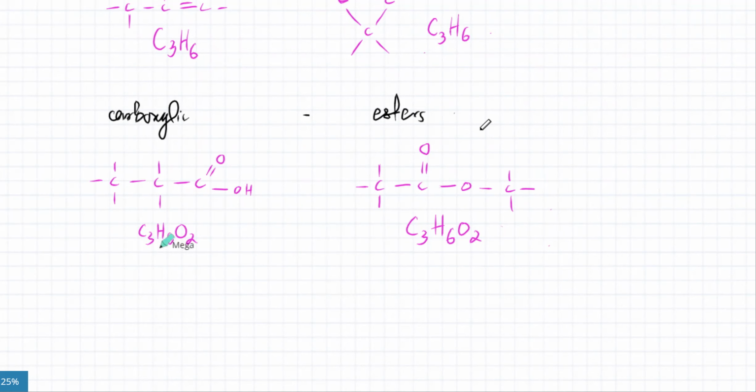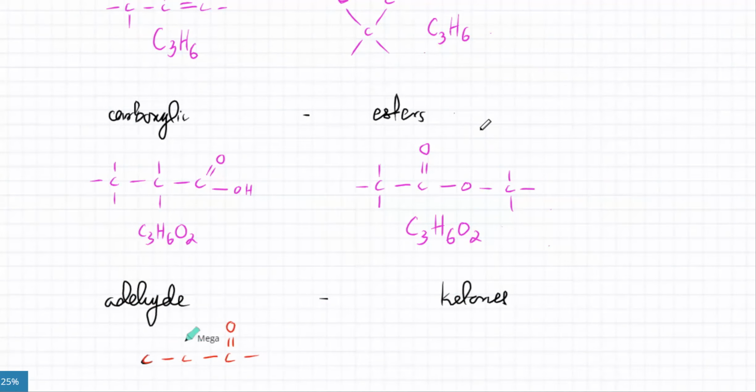Aldehydes and ketones are basically functional group isomers. Aldehydes and ketones were very similar. In aldehyde, the double bond O was at the end of the chain. So this is H, there are 2 H's with this one, 3 H's with this one.